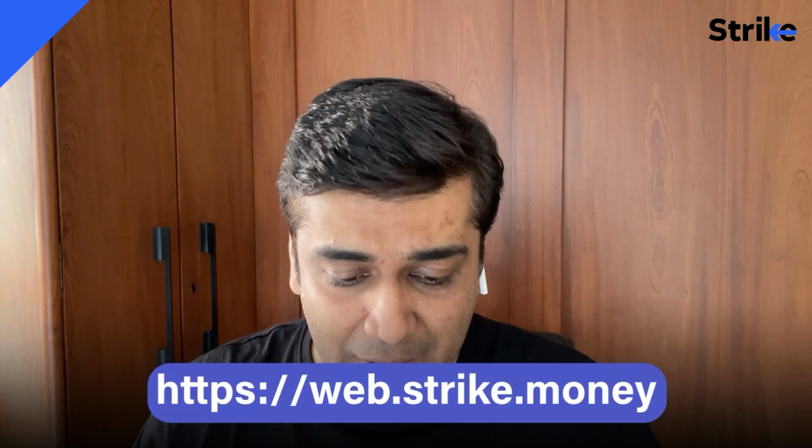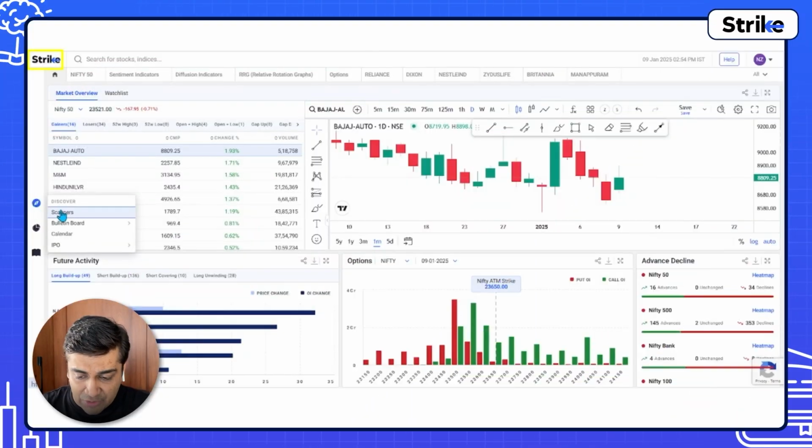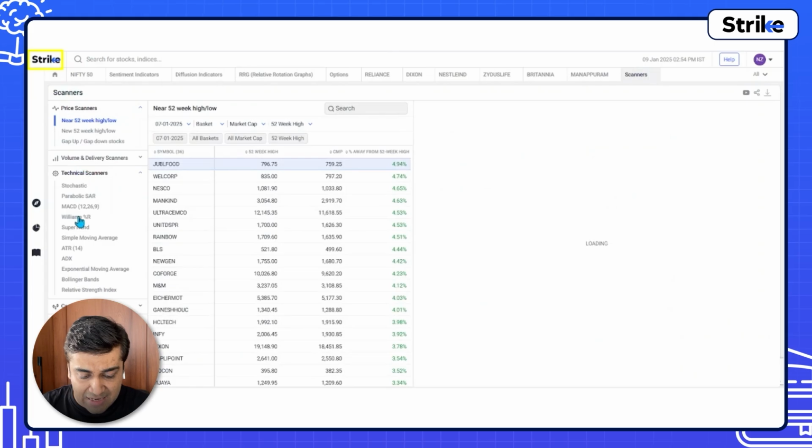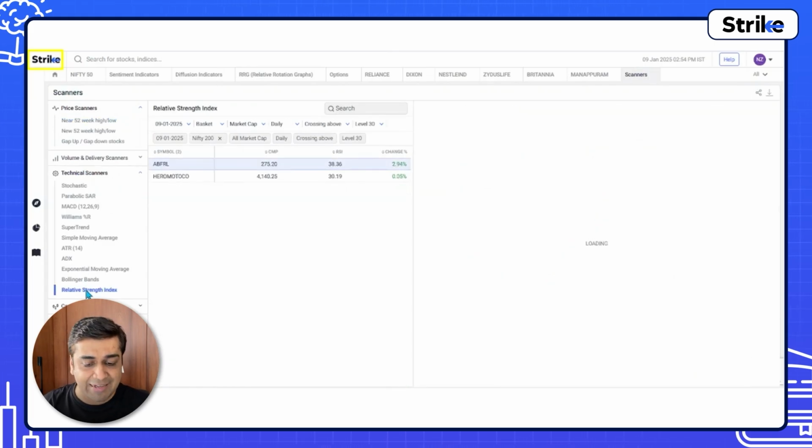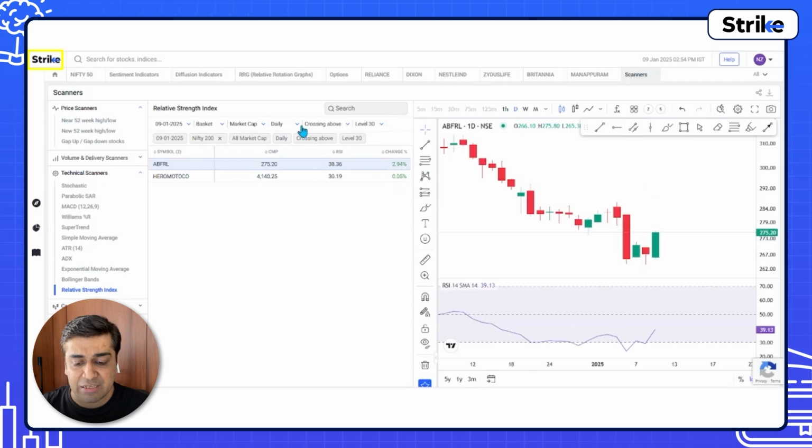Before we move further, it's very important to know how to scan stocks where there is some RSI divergence. For that, log on to web.strike.money. There is a scanner section given over here, and in that scanner section, go to the technical scanners and select relative strength index. In the relative strength index, if you are a short-term trader, choose a daily time frame chart and say crossing above level 30.